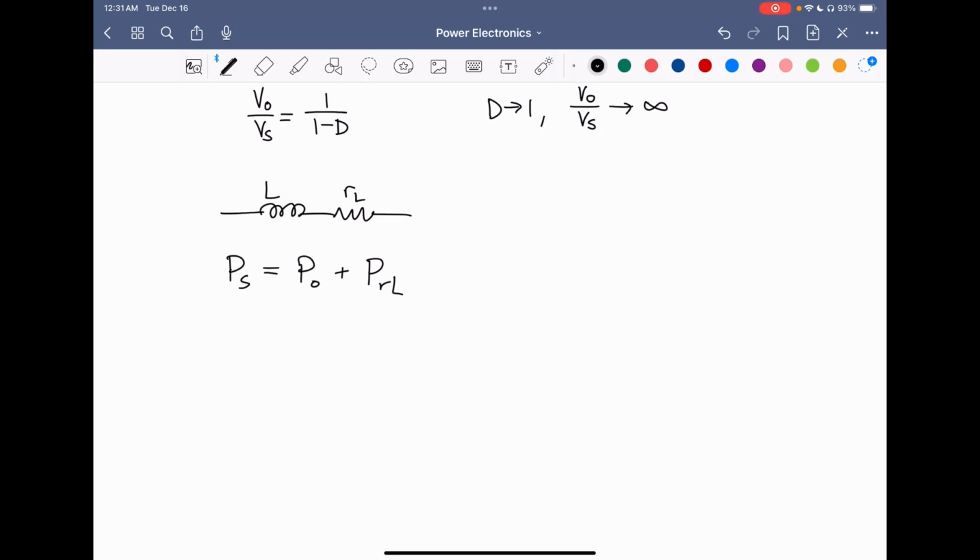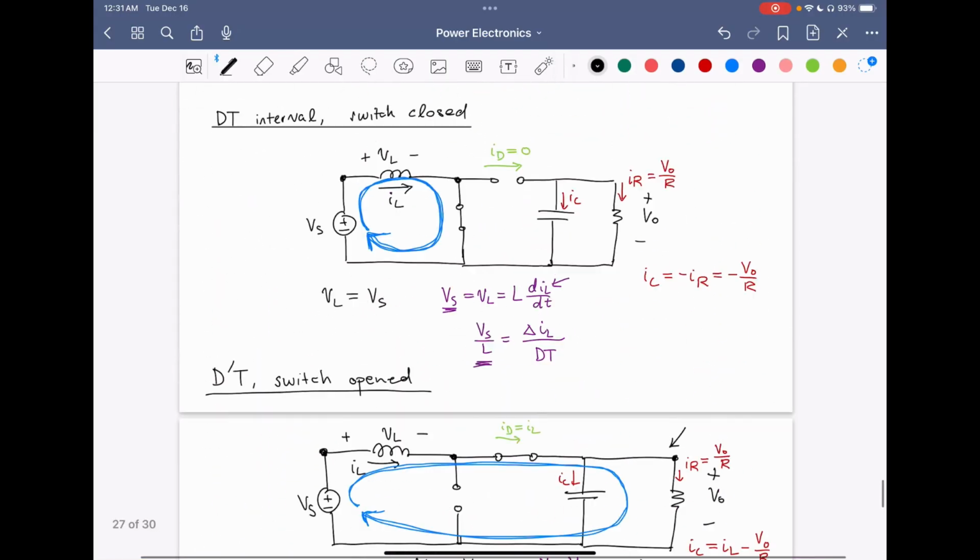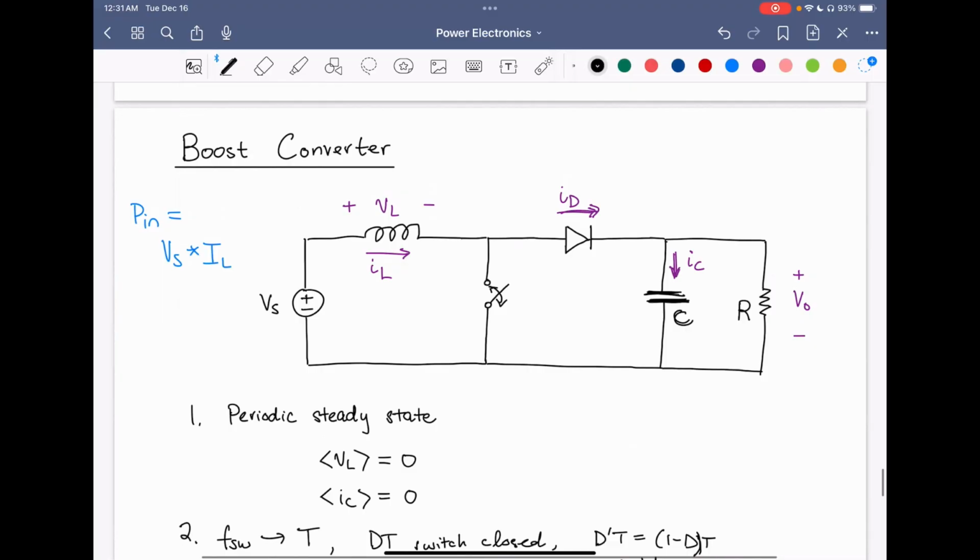Now, in our boost converter, there is something to notice here, and that is that the source current, let's call it IS, is equal to IL. This is just because the inductor is in series with the source voltage. Also, at the output, the current IO is equal to the DC diode current.